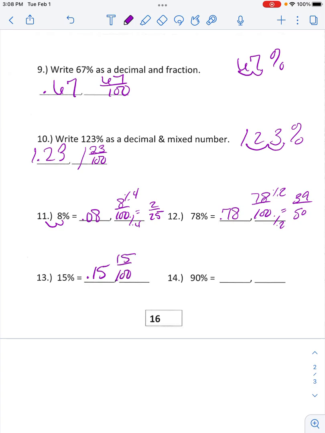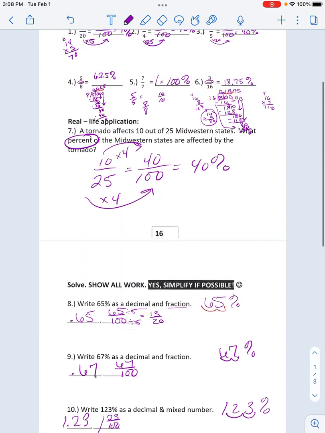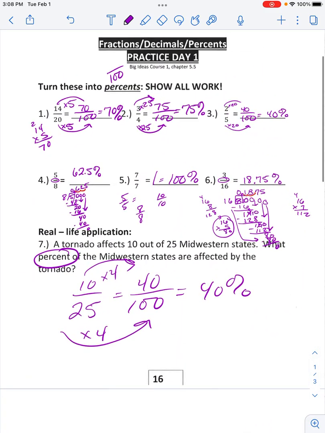We're gonna get 0.15. 15 hundredths as a fraction, put it over 100 and simplify to get 3/20. And finally, 90% as a decimal, move it twice to the left to get 0.90. And then 90 hundredths, when you simplify, you'll get 9/10. That is how we turn percentages into decimals and fractions.